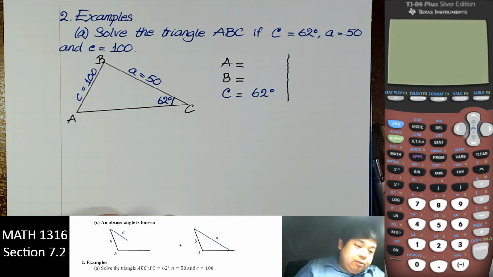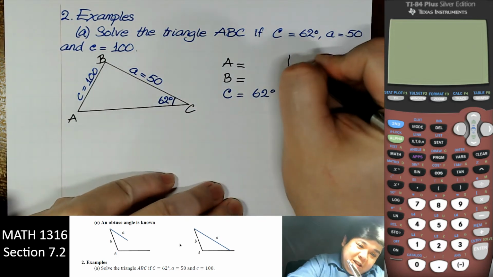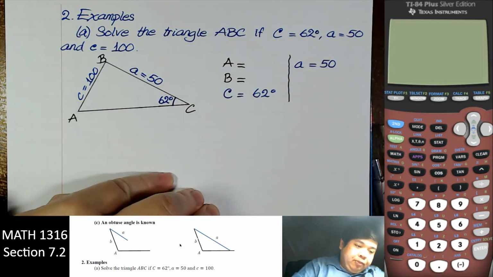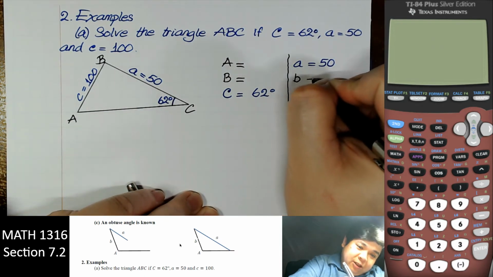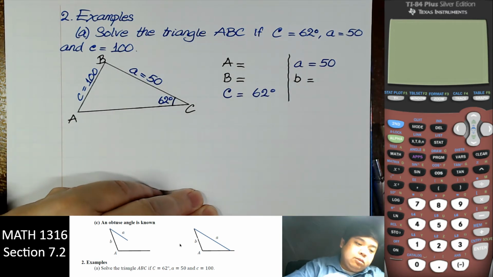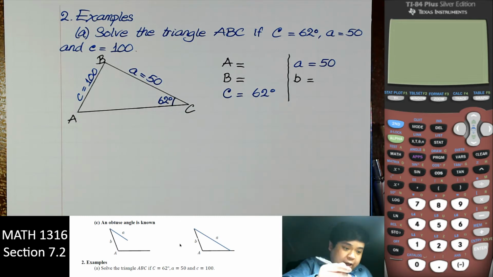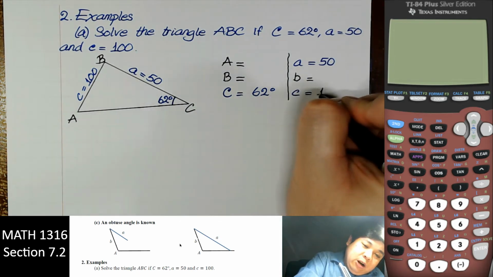Side a is 50, side b we don't know, and then little c is 100.